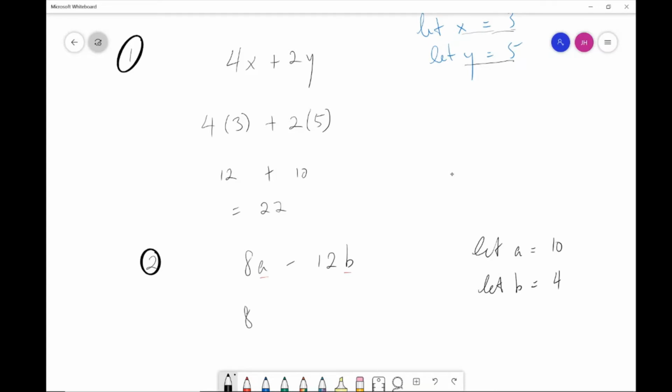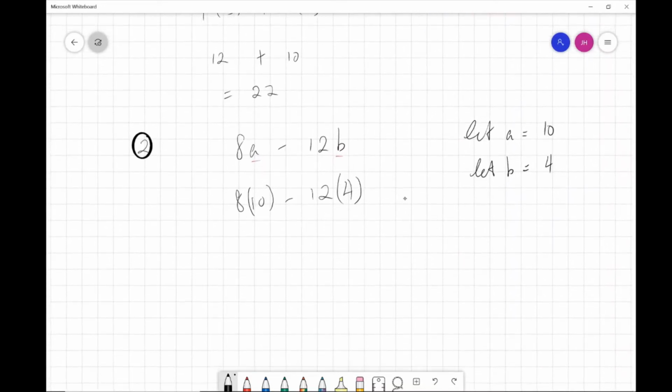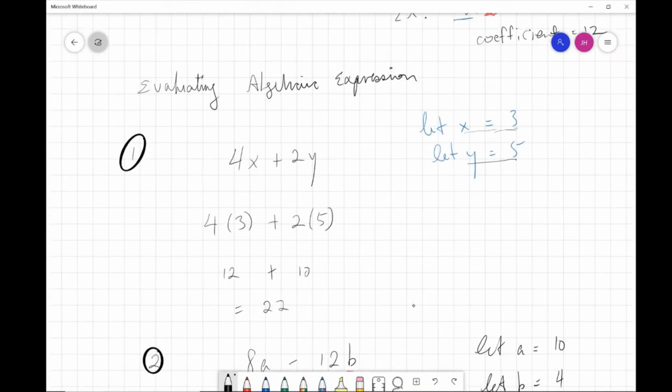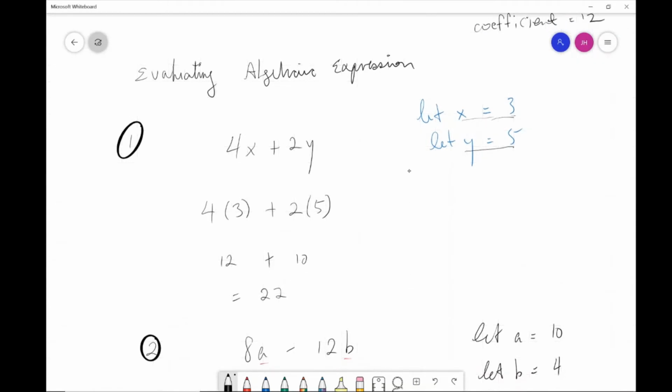It will be 8 times a, a is 10 in this case, minus 12 times b, b is 4 in this case. Continue with the math. That would be 80 minus 48. Do your math, that will become 32. So that's what we mean by evaluating algebraic expressions. Please get yourself familiar with this type of instruction.